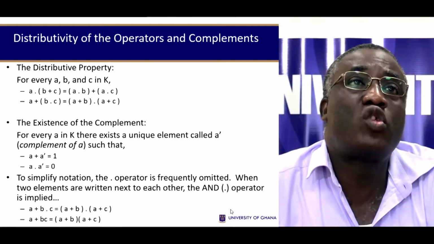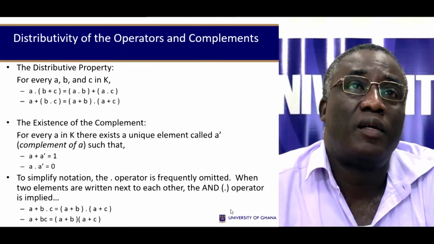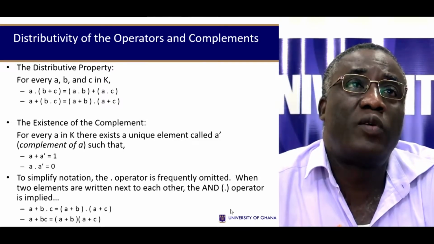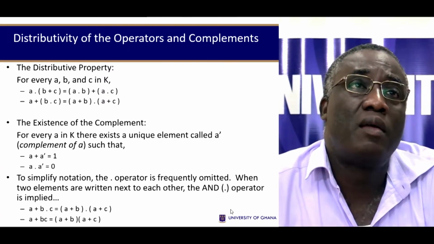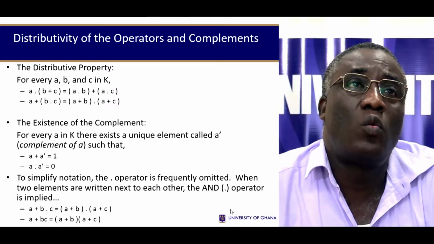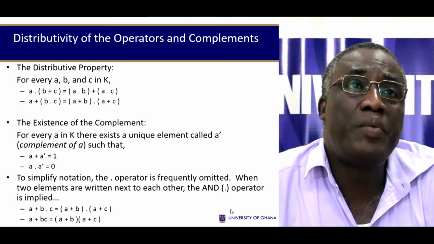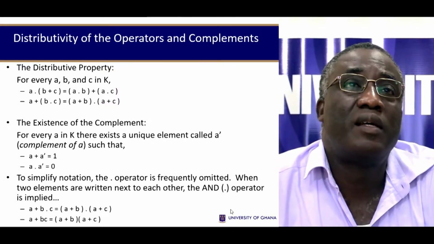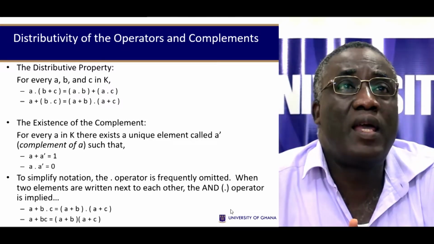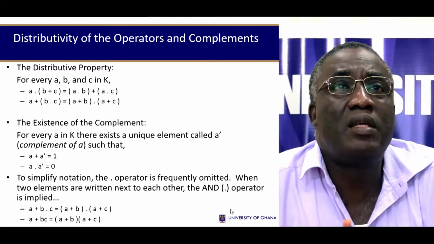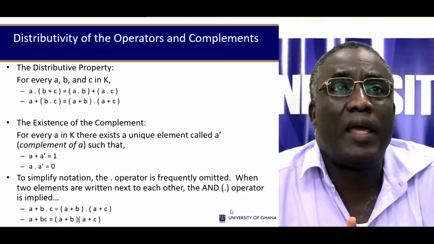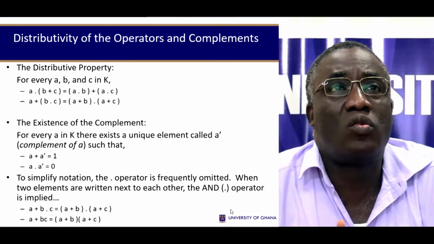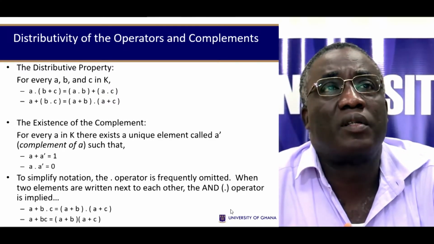And then we also have the distributive property. Right? So if you have A and you AND that with B or C, then it's the same as doing A and B, or A and C. That is, you sort of multiply out.